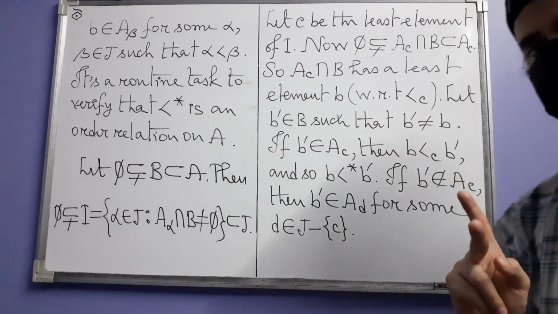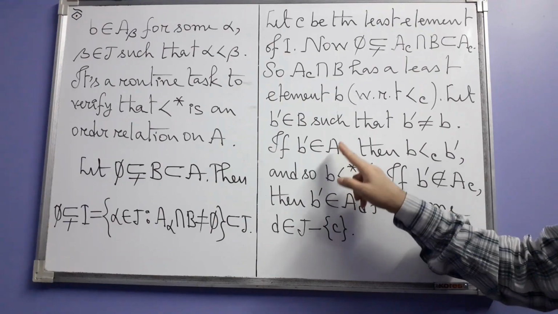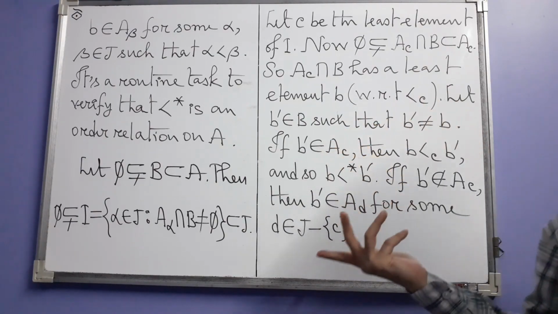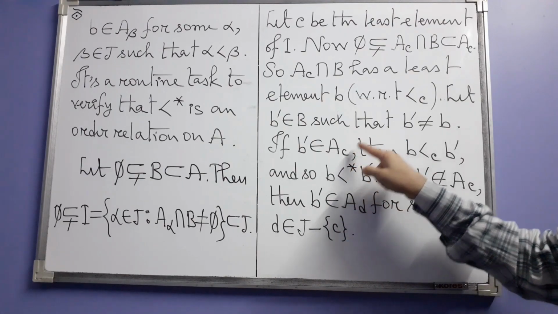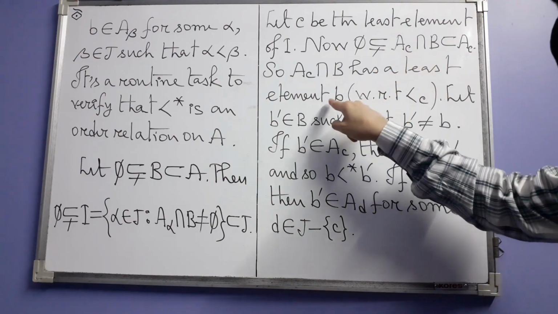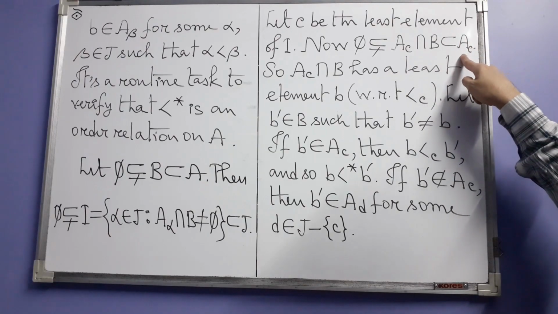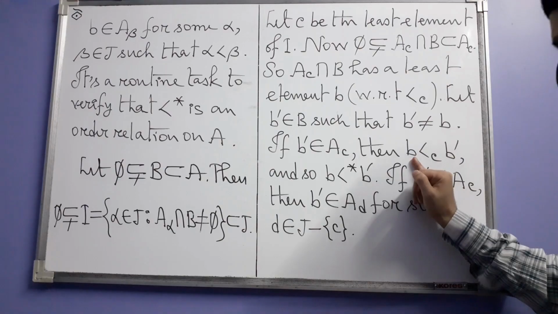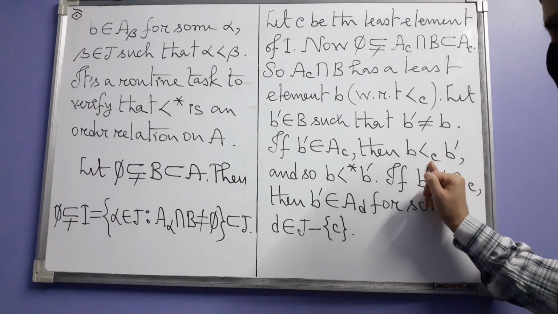Now two cases arise. b prime as an element of B may or may not belong to AC. If b prime belongs to AC, then of course using the fact that b is the smallest element of this with respect to the order that we have on AC, we get this. b is less than b prime with respect to this order.